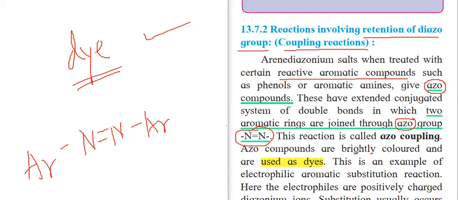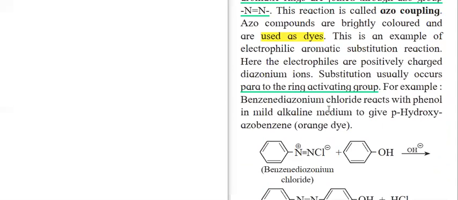Azo compounds are brightly colored and are used as dyes, as I already told you. These compounds are used as coloring reagents, and their colors are very bright, this is the reason.